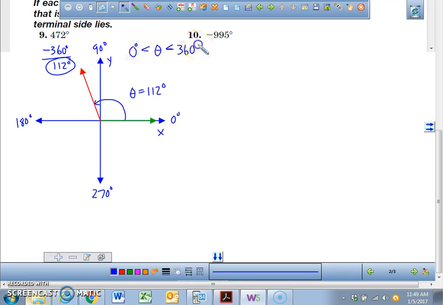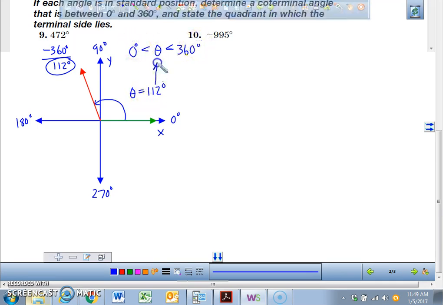Well, 112 now fits in between 0 and 360. So, by the way, where did we finish? Quadrant 2. Right, so one of our answers for number 9 is our terminal side is located in quadrant 2. That's one of your answers.